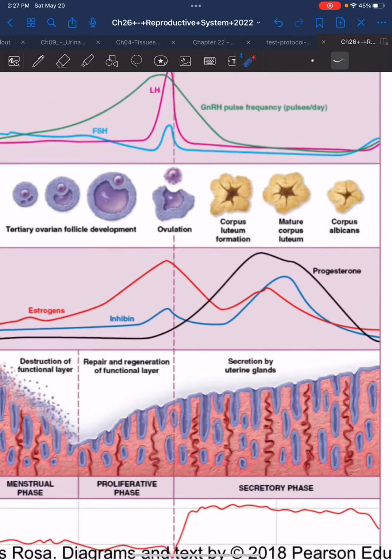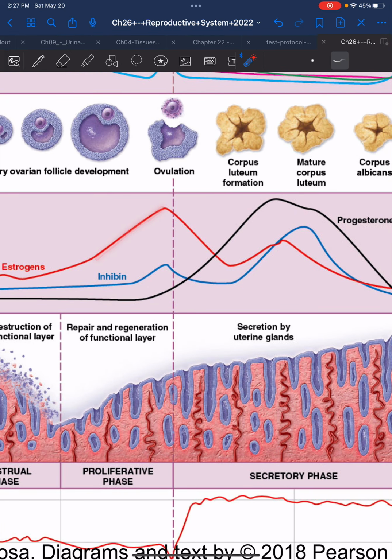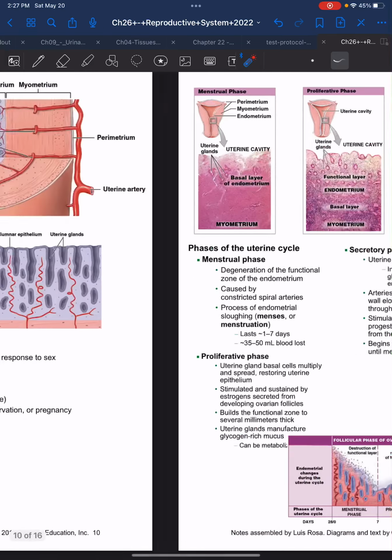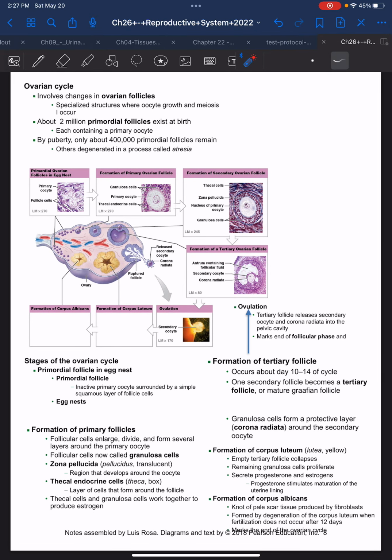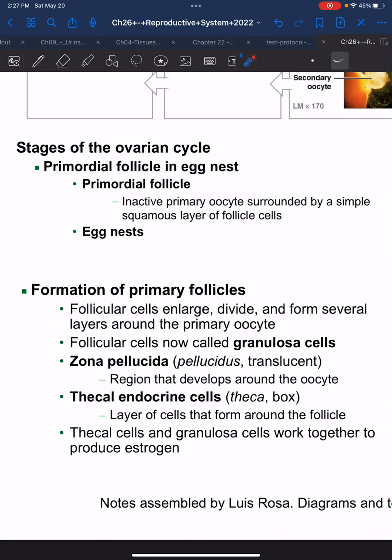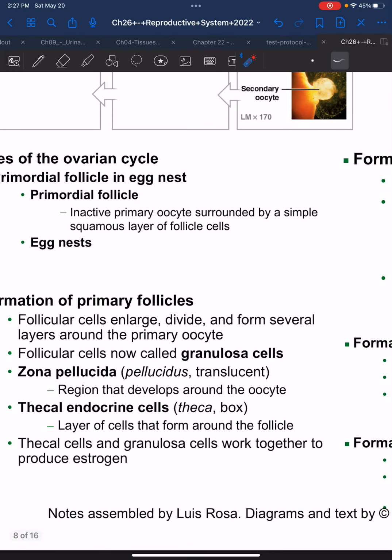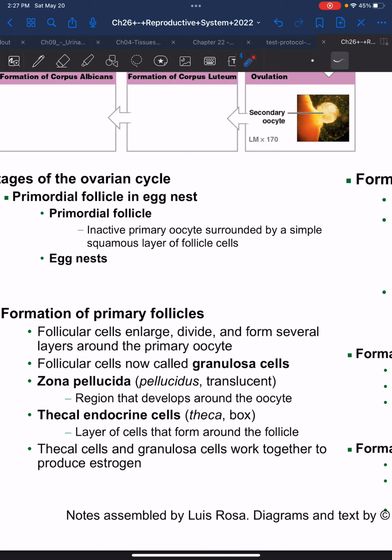That's why you can see that as estrogen increases, we're in the proliferative phase, and then both together, estrogen and progesterone, continue the development during the secretory phase. And so that's what the follicle does, it stimulates the uterus to prepare. It's telling the uterus, hey, I have an egg coming, prepare that uterine lining, so it will use estrogen for that.